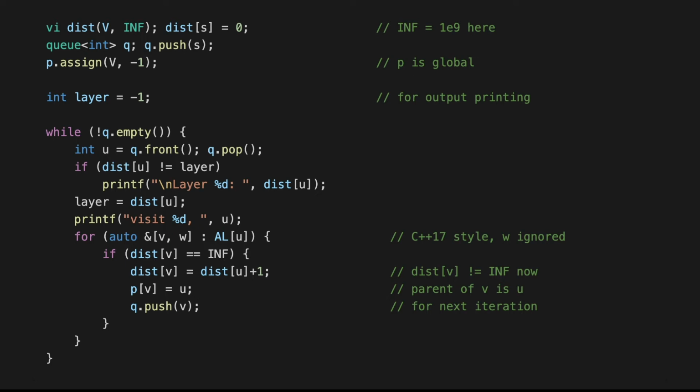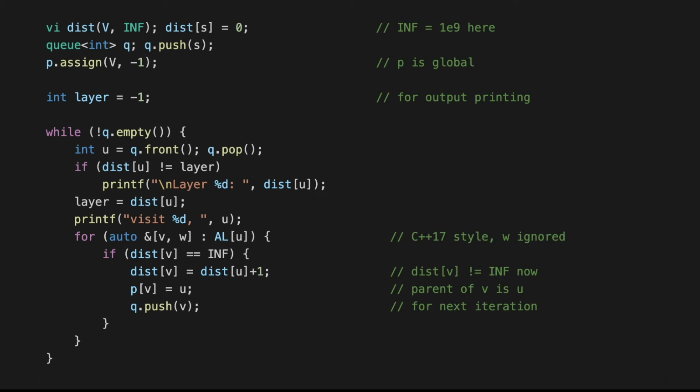Now, our code here already has a trigger which helps you understand when a new layer has started. This is the first time that the distance of the vertex that you're currently exploring mismatches with the layer number that you're currently storing. So when that happens, you can print a statement saying that a new layer has just begun, and of course after that you update the layer variable and so on.